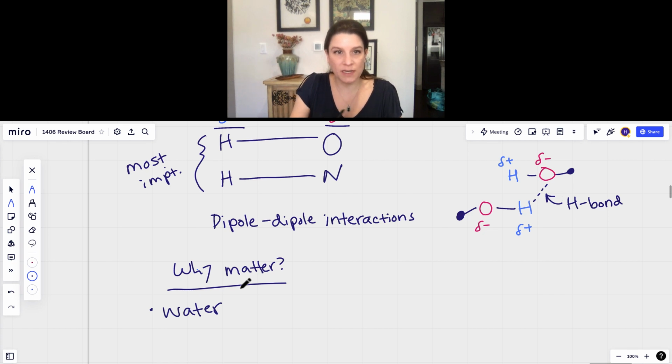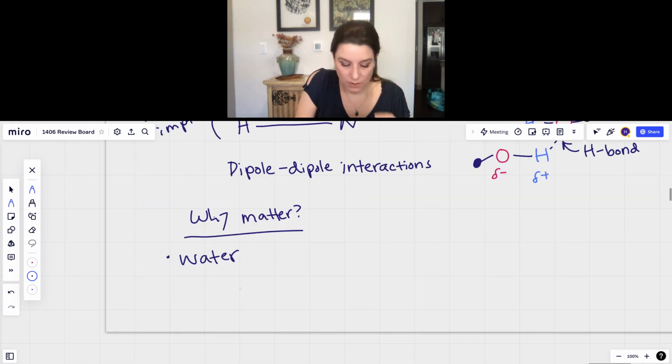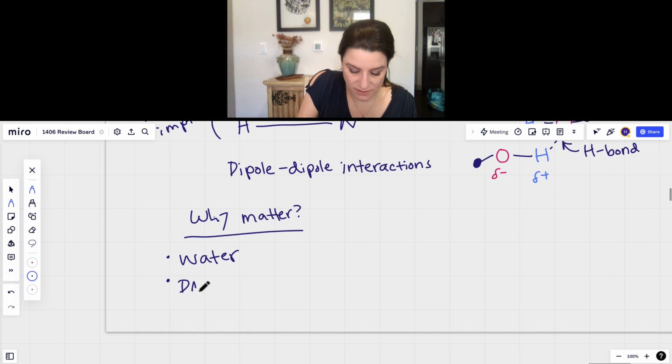It can get in between ions, like charges, and then it also floats. Ice, which is the solid form of water, floats in liquid water because the hydrogen bonds get stuck and they keep the water further away from each other. So all the water properties are due to hydrogen bonding. DNA strands are held together by hydrogen bonds, the helix.